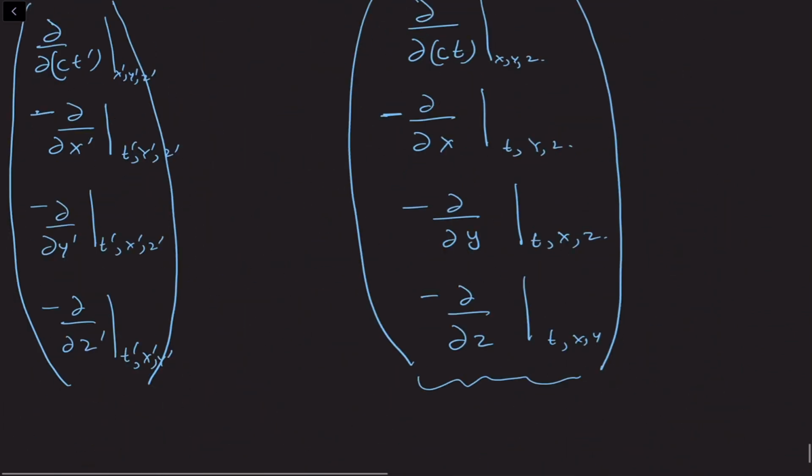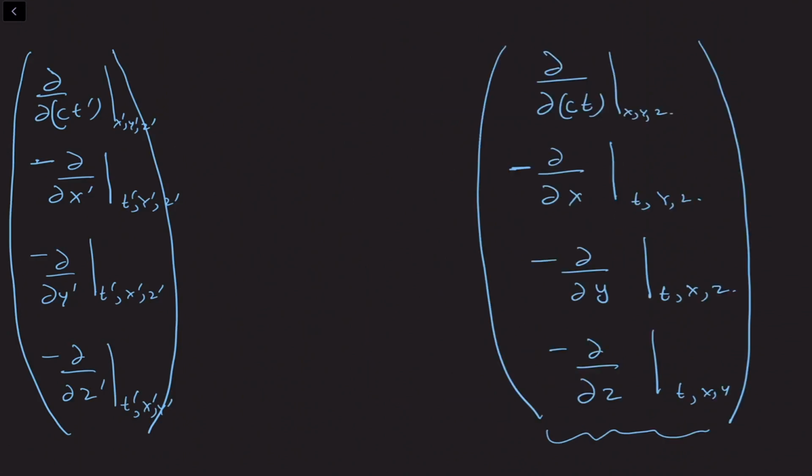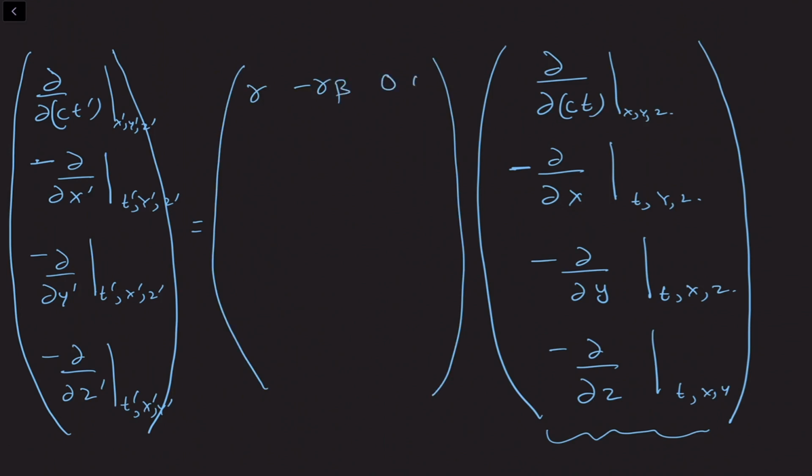Okay, and what you would see again is that the transformation rule again will be of this form: gamma, minus gamma beta, 0, 0; minus gamma beta, gamma, 0, 0; 0, 0, 1, 0; 0, 0, 0, 1.